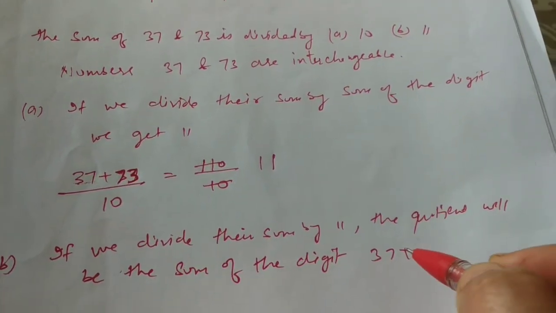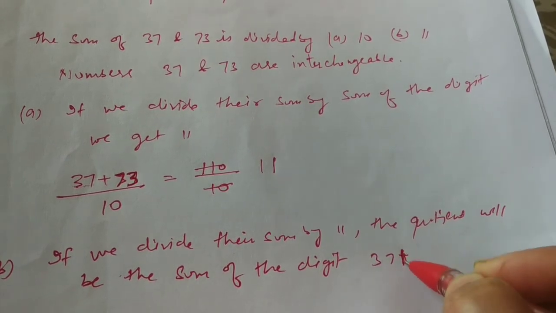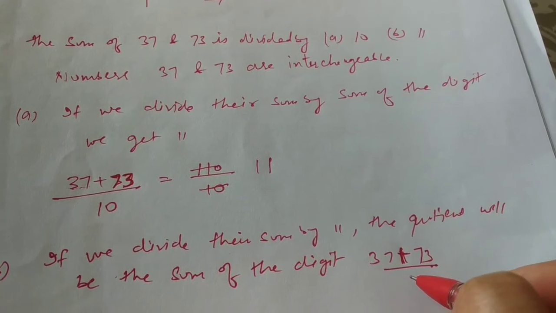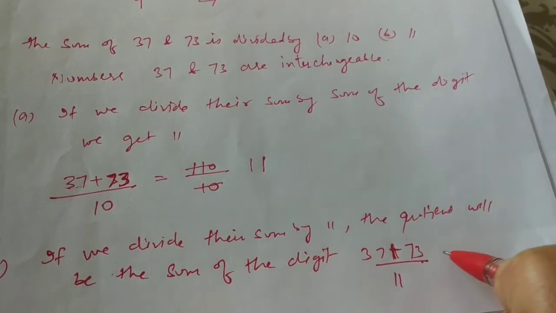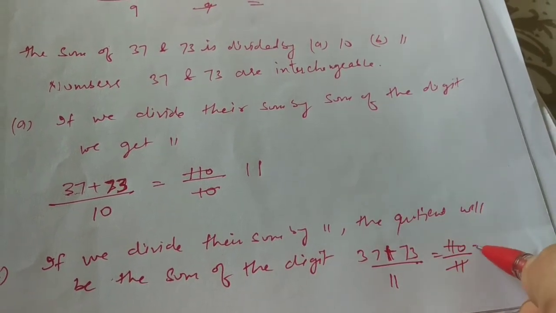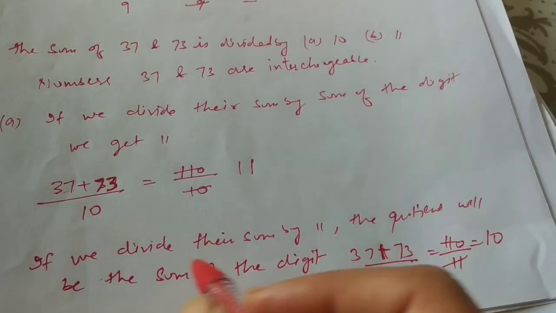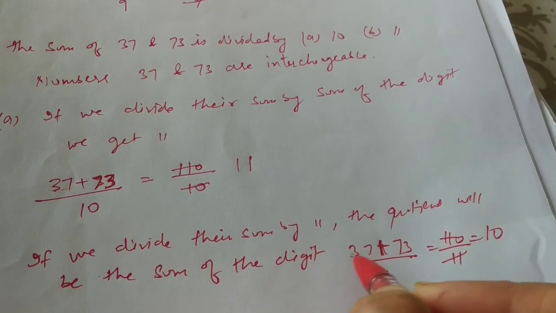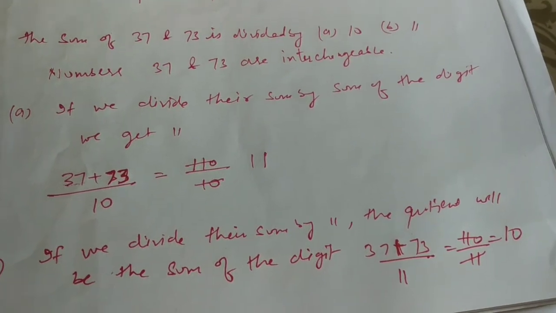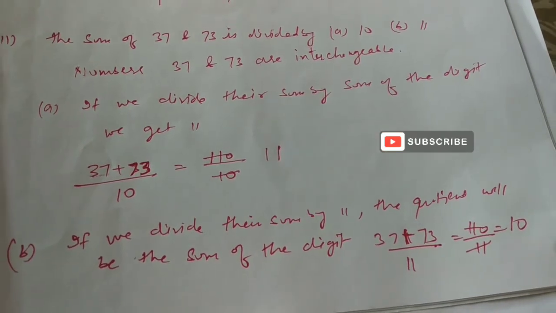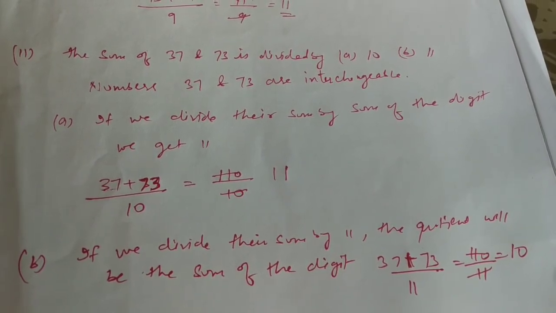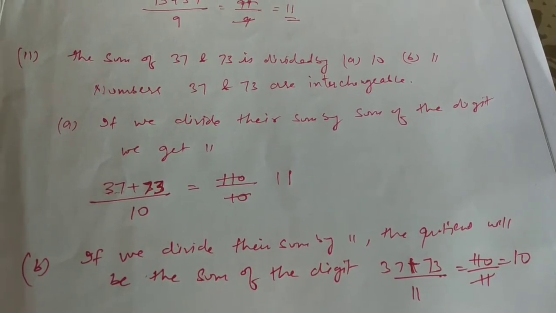So 37 plus 73 by 11. So here 110 by 11. So the quotient will be the sum of the digits, which is 7 plus 3, 10. So have a full glance at the second part of question number 1.